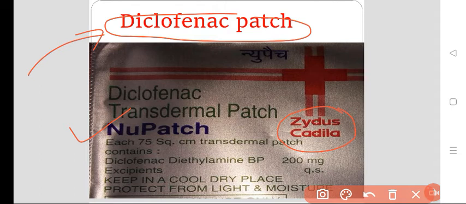So rather than giving injections or tablets, because of various side effects nowadays, acidity, gastric disturbances, nausea, vomiting, you can simply go for the diclofenac patches. The only thing is, it's expensive compared to injections or tablets, but it is the best method to avoid the various side effects of diclofenac.